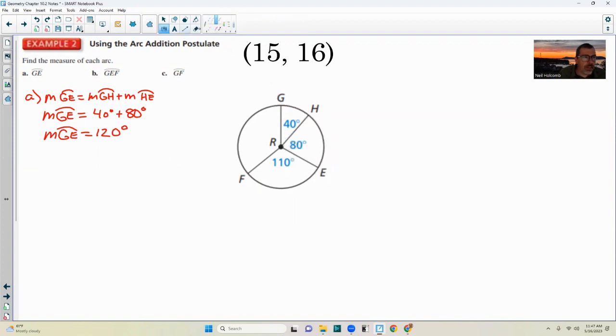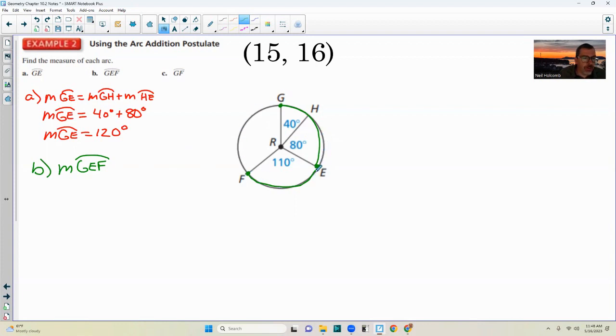Now let's erase all that and switch to green for part B. I'll put B here, and I want the measure of a major arc GEF. I now know that with 3 letters, it's more than 180 degrees. So the measure of arc GEF, I'm starting here, going to E, to here, and continuing to F. That middle letter tells us the direction on the circle to go.